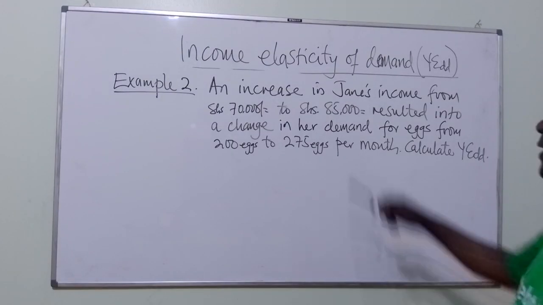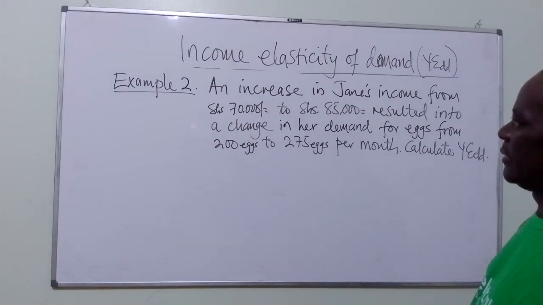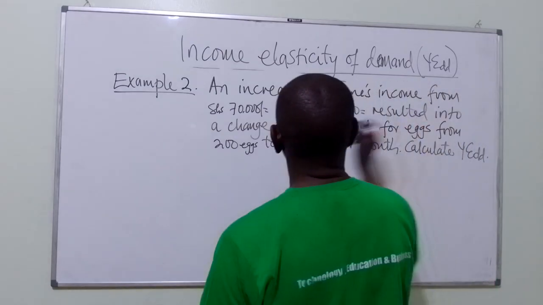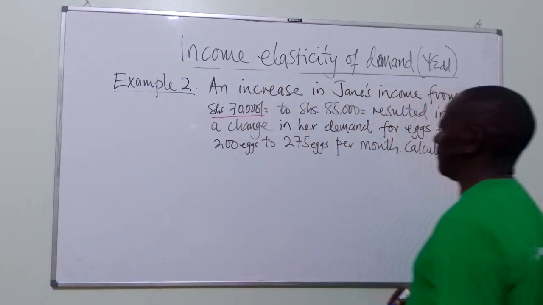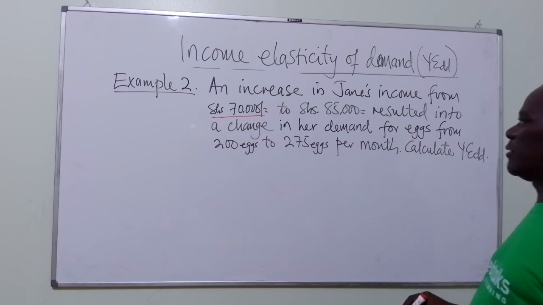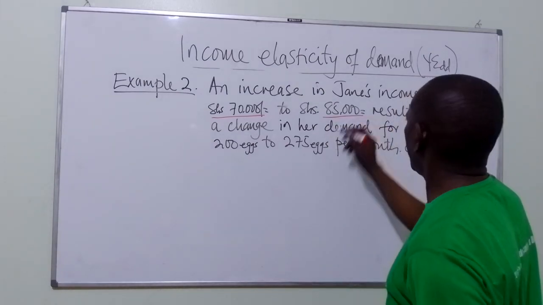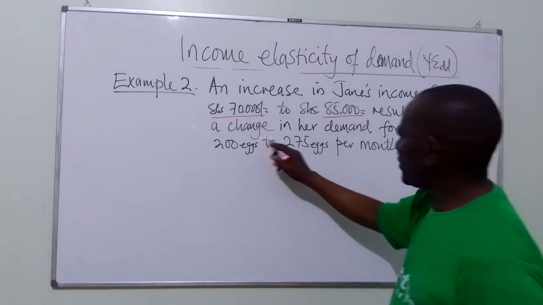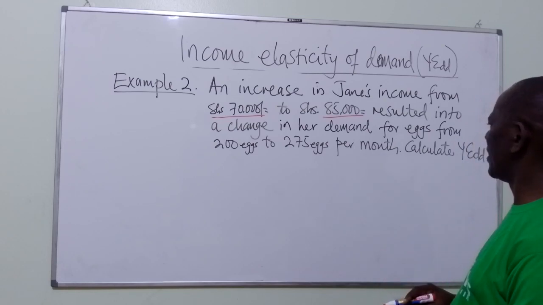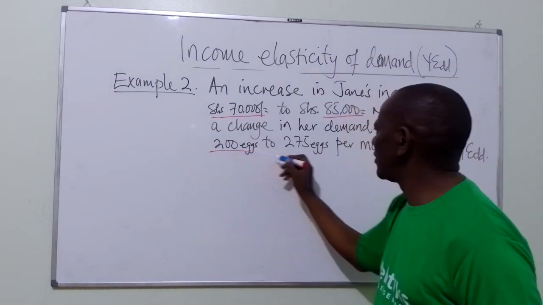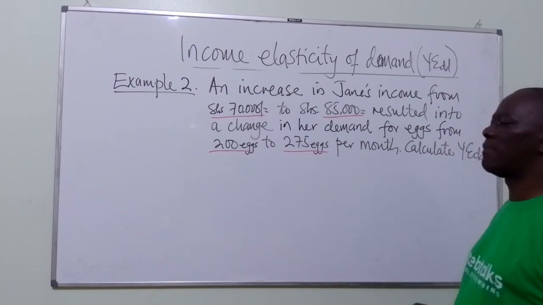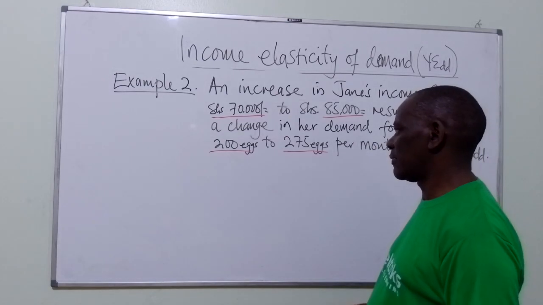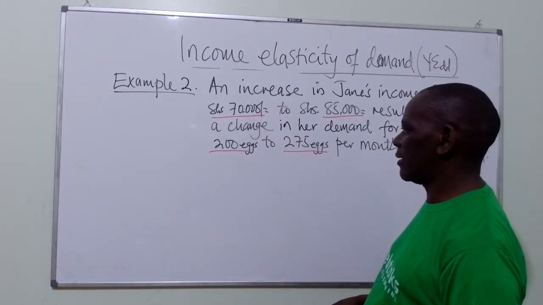Jane's income changed. Her original income was 70,000. By good chance, they increased her income to 85,000. After increasing this income, it resulted into a change in her demand for eggs, from 200 eggs to 275 eggs per month. So here she was taking about 3 trays of eggs, around 3.5.